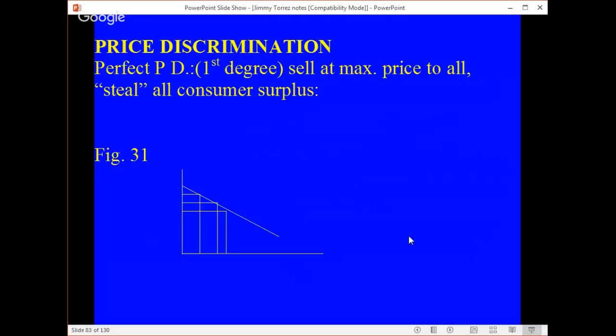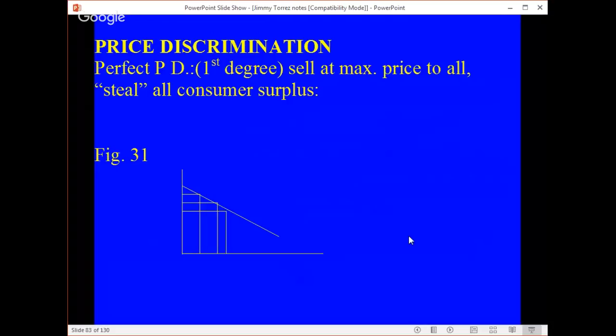First degree price discrimination says that I can charge this price right here to that first consumer who's going to pay that price, and then go ahead and charge just a little lower price to the next consumer, and so on.